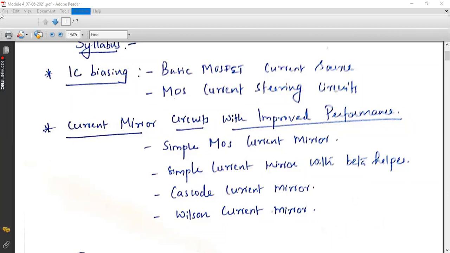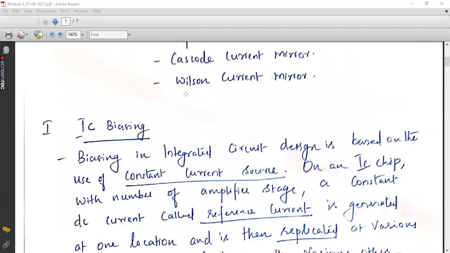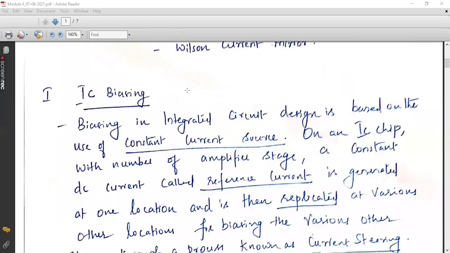We have to learn the circuit diagram and working, as well as a performance comparison of all these current mirror circuits. You will be able to know the use of current mirrors in IC biasing. So this is the syllabus of module 4, which is quite simple. Let us discuss one by one.